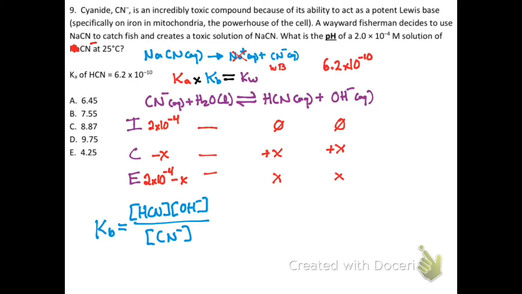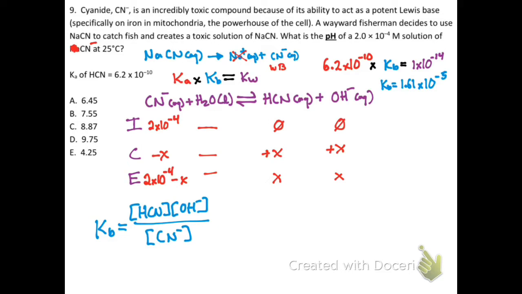That times Kb, which is what we're solving for here, is going to be equal to Kw, which at 25 degrees Celsius is 1 times 10 to the negative 14th. So when we solve for Kb, we'll get 1.61 times 10 to the negative 5th.